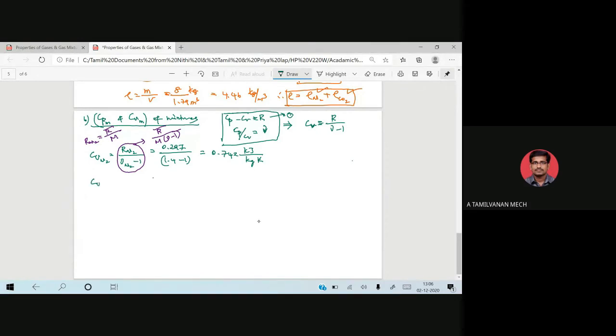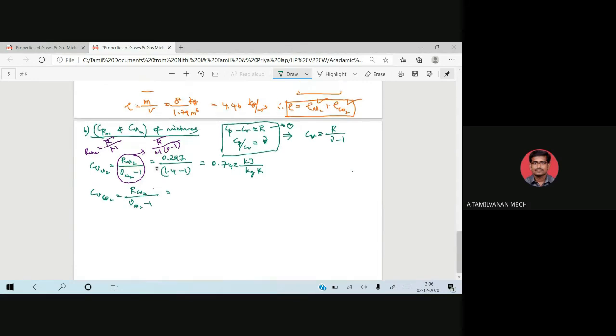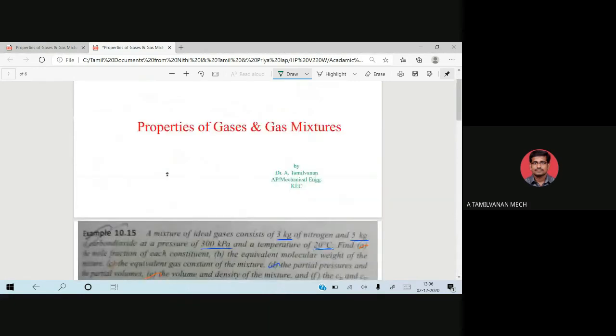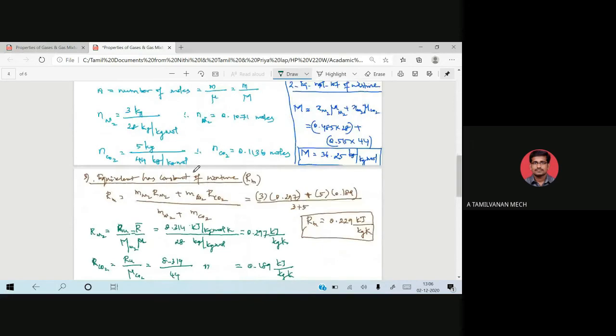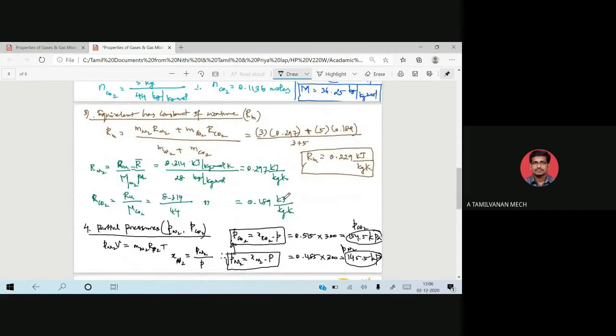Next, you are going to find the Cv of CO2. Cv of CO2 is equal to R of CO2 divided by gamma of CO2 minus 1. Here the R of CO2 we already found, which is equal to 0.189.